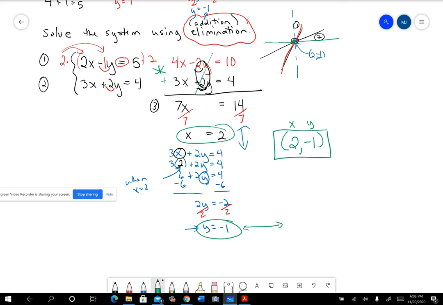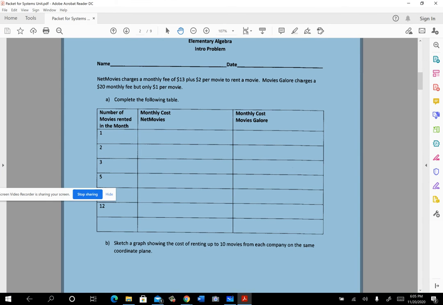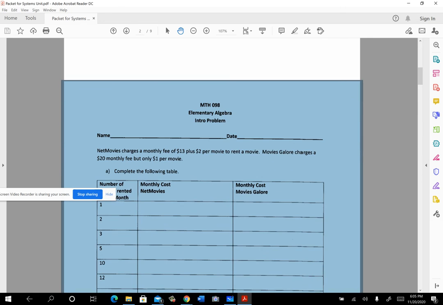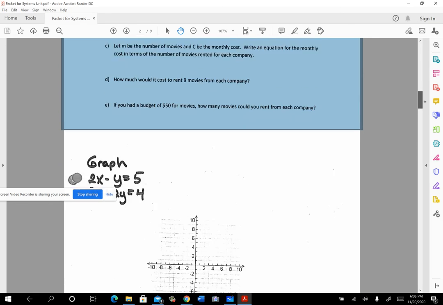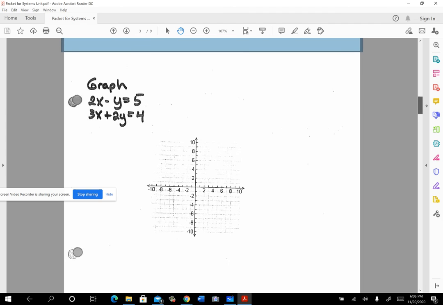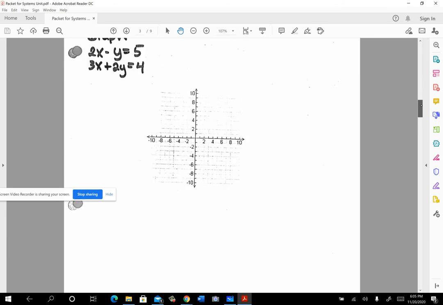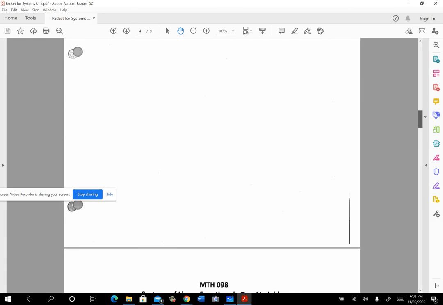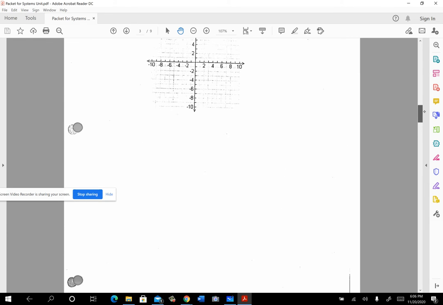Okay. All right, so let me pull up the packet again, kind of show you where we are in this packet. So let me see, I'm trying to move down. All right, so we were working on just showing you how to graph the system to find the solution. So we did that, and then we did it algebraically.